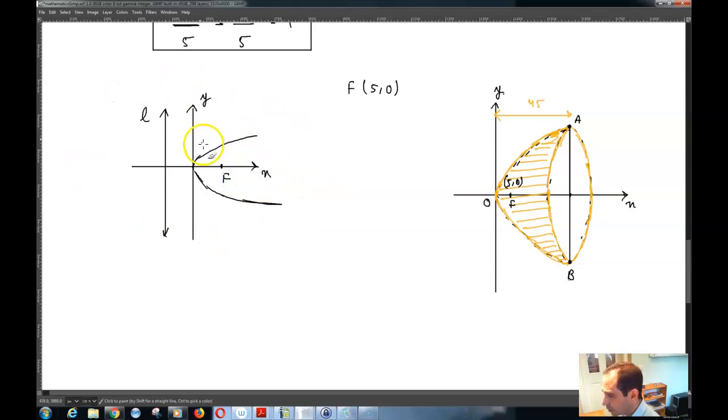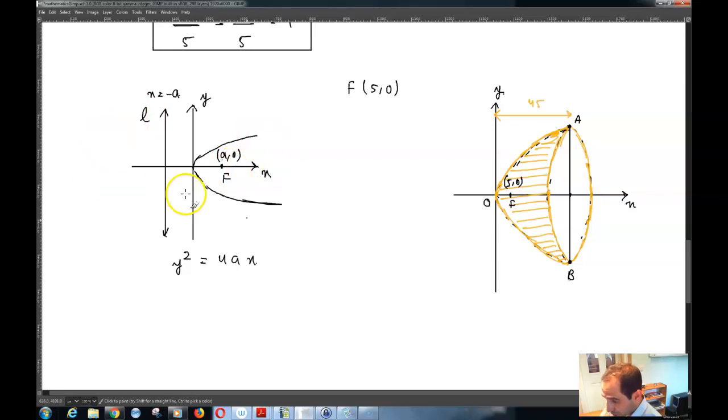The equation of this line becomes x is equal to negative a. The coordinates of this point would be (a, 0), and so the equation of this parabola becomes y squared is equal to 4ax.